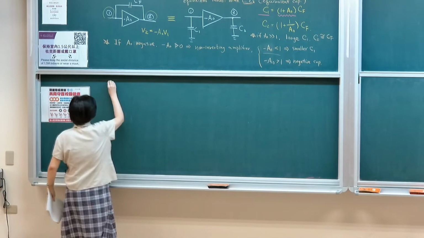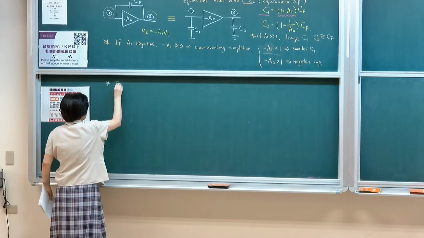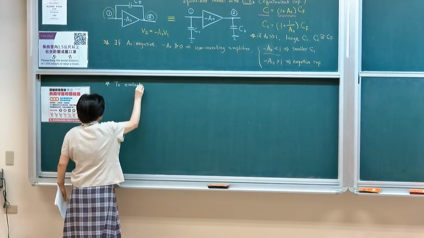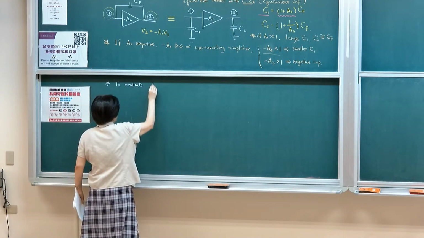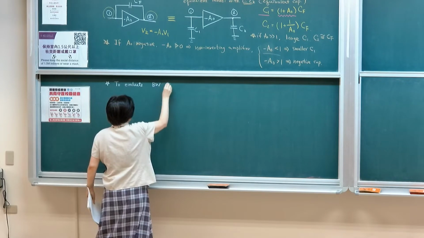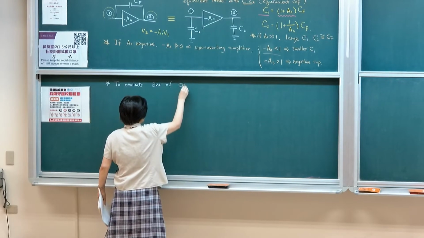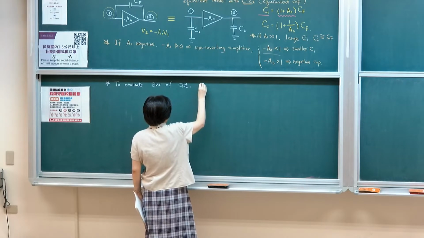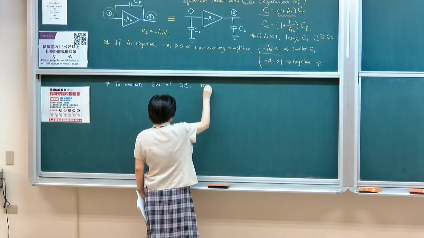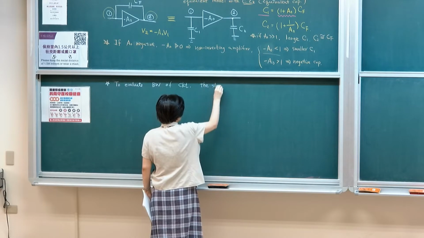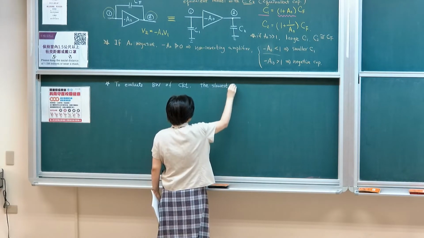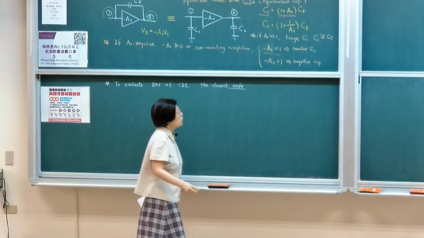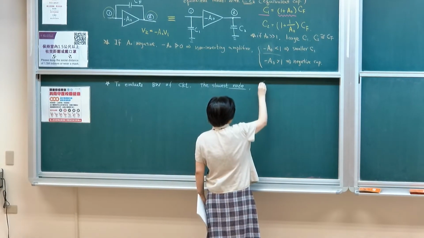So I want to emphasize again, to evaluate the bandwidth of a circuit, typically what we do is look for the slowest node. The node that moves the slowest will be determined by two things.